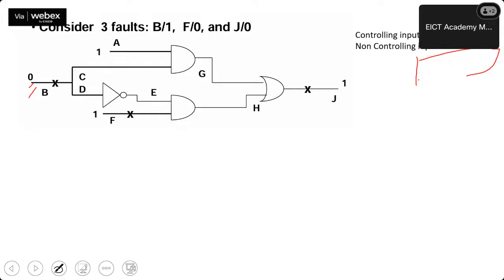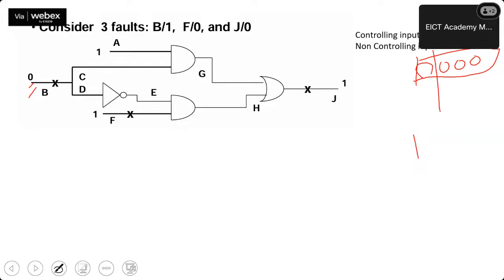So the other inputs will be the patterns. One is the fault. So let's say the first one is B stuck at 1. And all the others are actually the patterns, the combinations. So I am having, let's say, a total of 3 patterns.